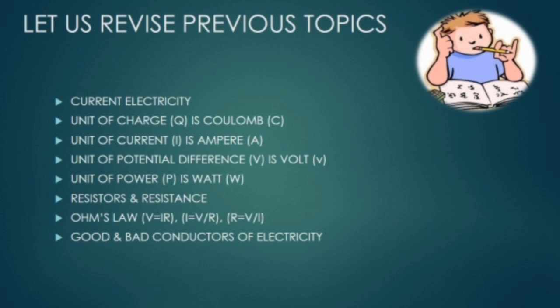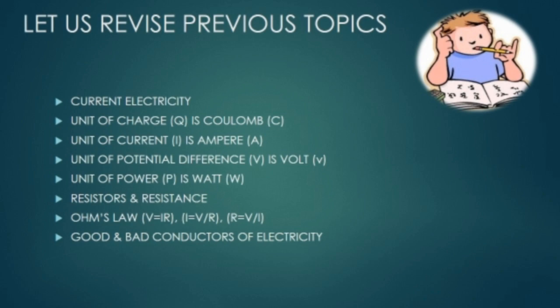Good and bad conductors of electricity. Based on the resistance, you can determine the good and bad conductors of electricity. Suppose a metallic conductor has very low resistance, so it will be a good conductor of electricity because the charge will easily flow in the metallic conductor.